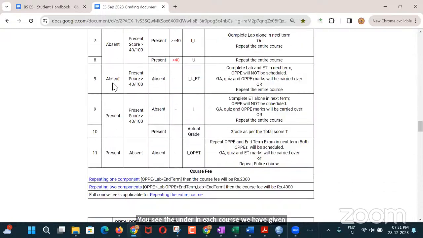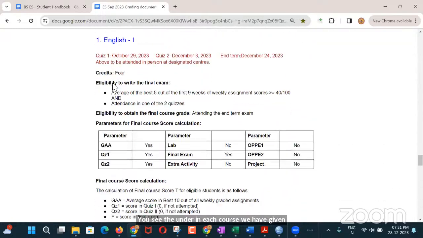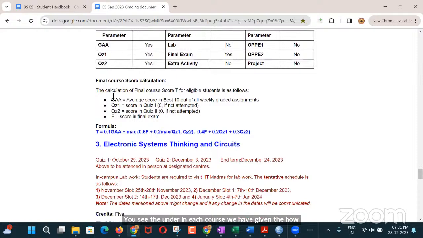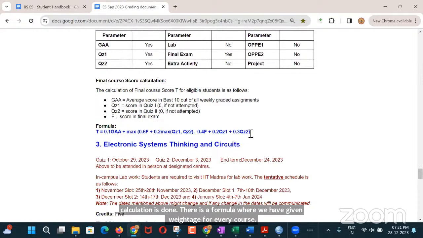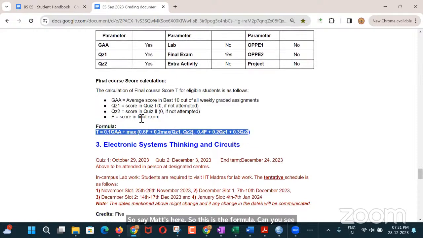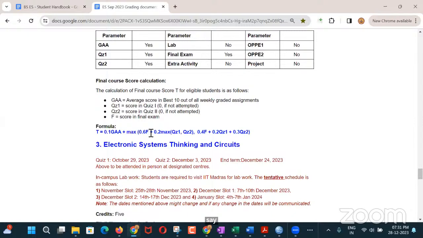There is a formula where we have given weightage for every course. Say maths here, this is the formula. For example, 10% weightage is given for assignment, some weightage for the final end term exam, and some for quiz 1 and quiz 2. Using this formula, you can calculate the total score.